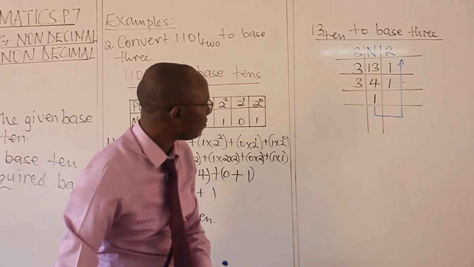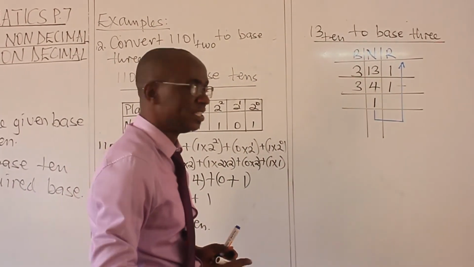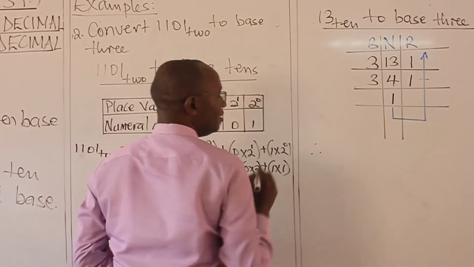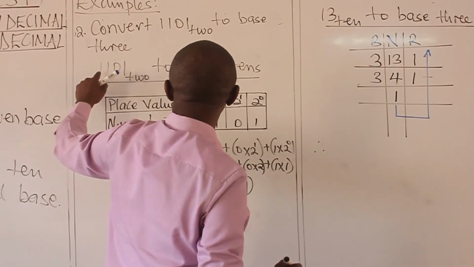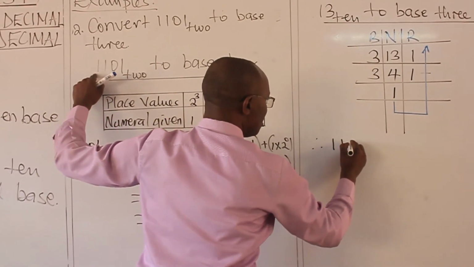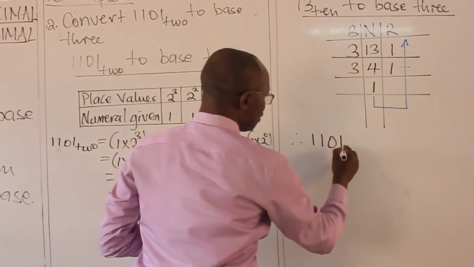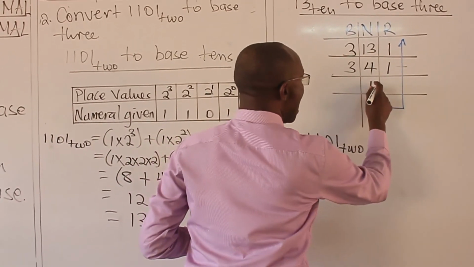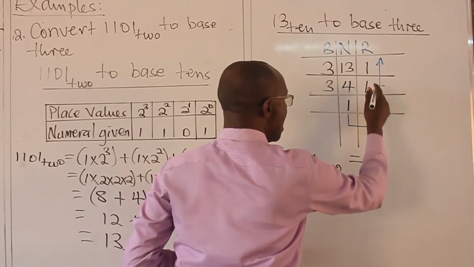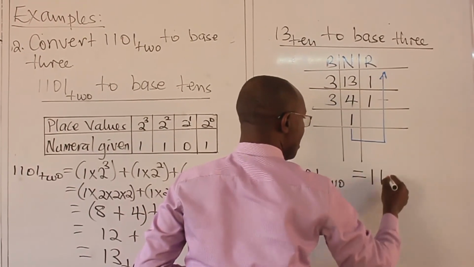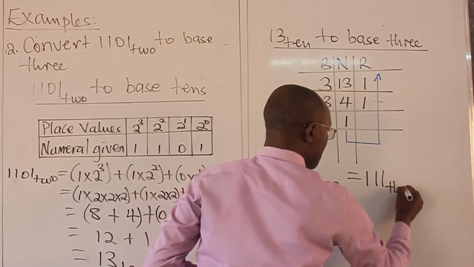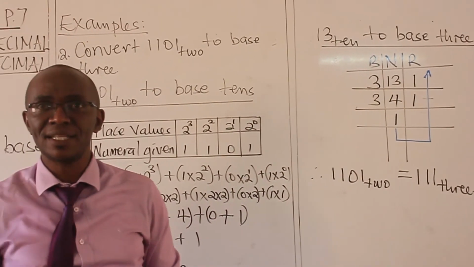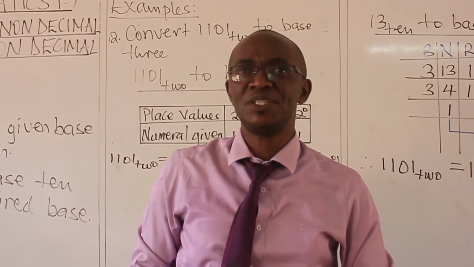It's better you conclude. Organized pupils conclude and say, therefore, what was the question? 1101 base 2 is equal to 111 base 3.